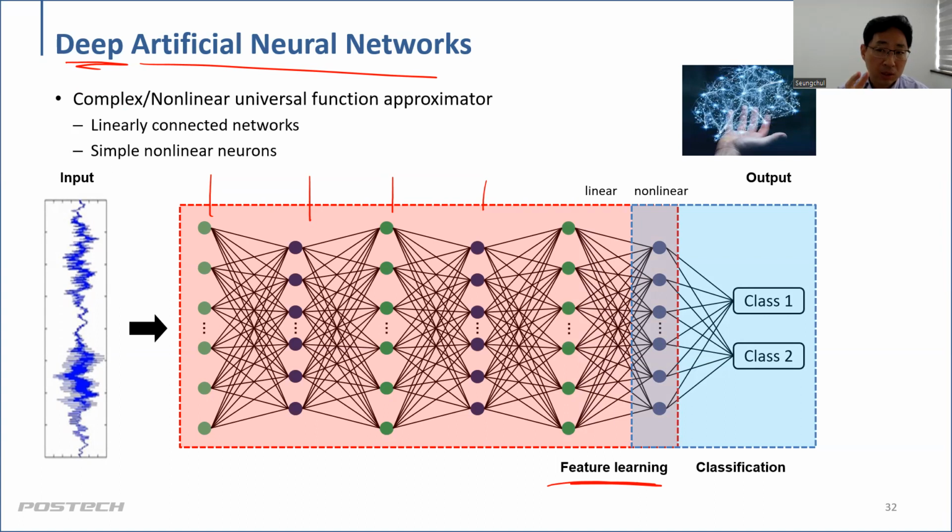Over there, I have two things that I want to mention. The first thing is that since we have many layers, we're gonna have many nonlinear mappings, right?